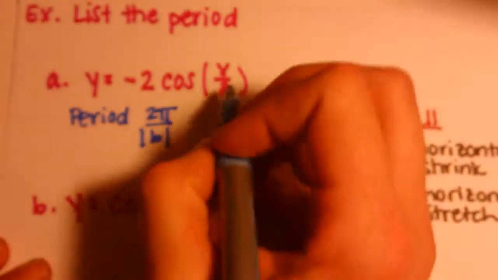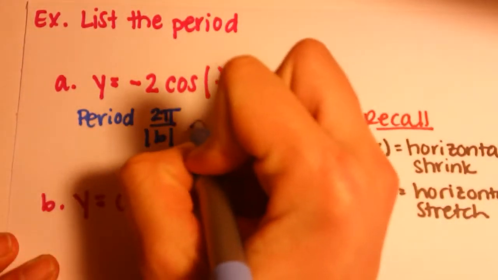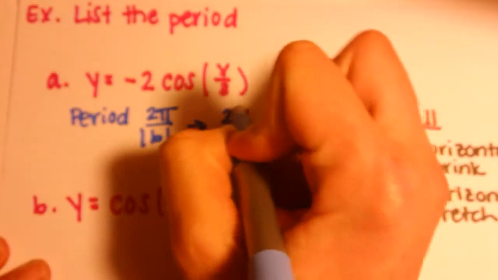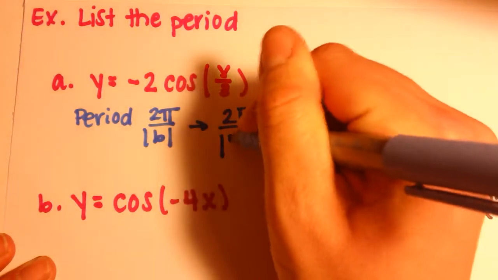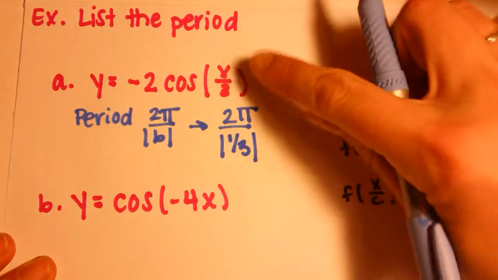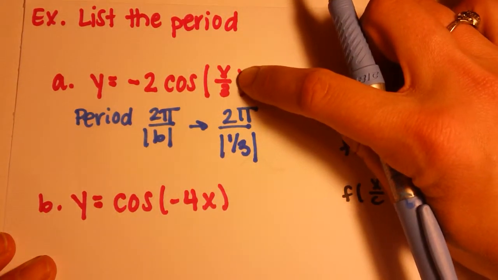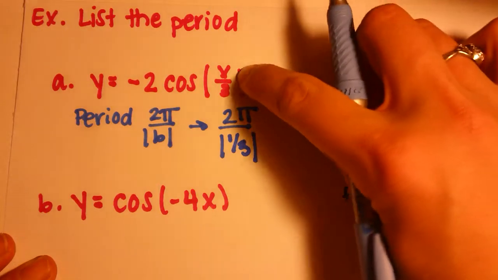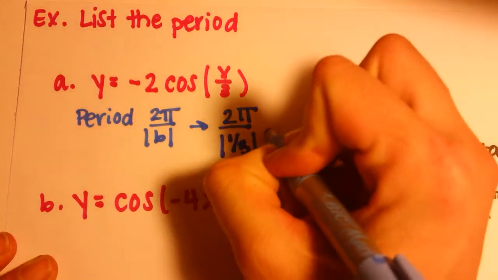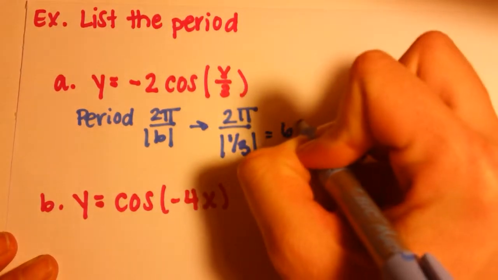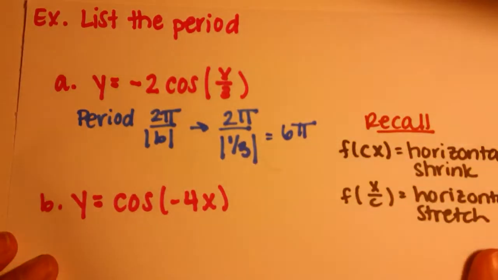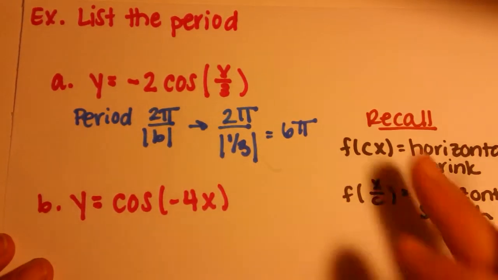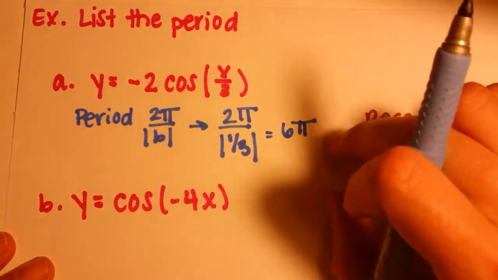So here, our period will be 2 pi over the absolute value of b, which will be 1/3 in this case. It would be 1/3 times x, our b value on the inside. And this will simplify to 6 pi. We multiply top and bottom by 3. So the period of this function here is 6 pi.